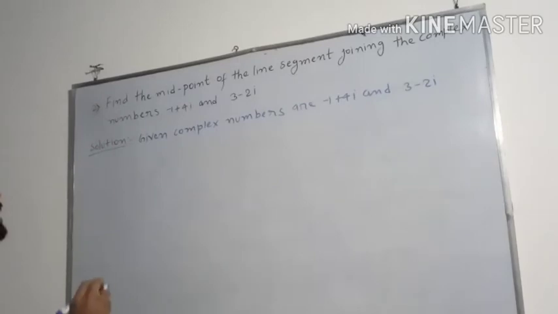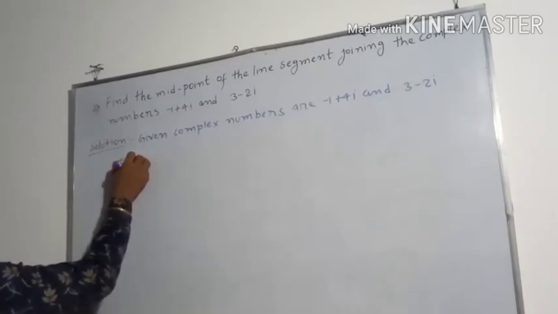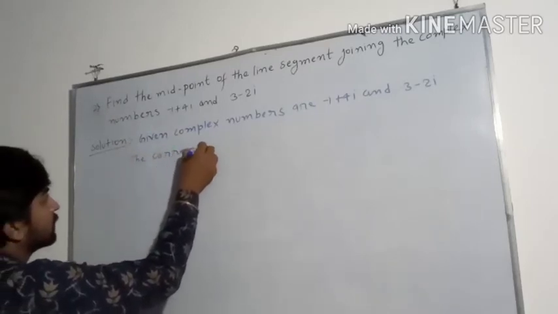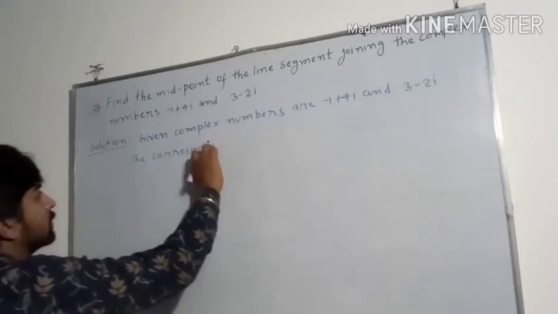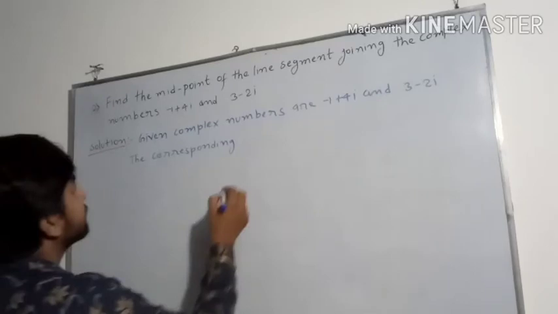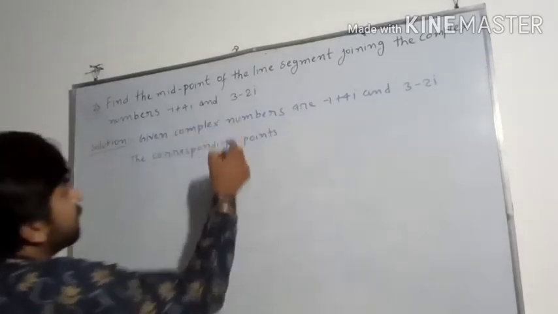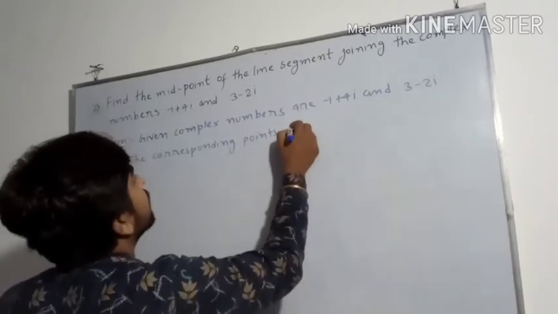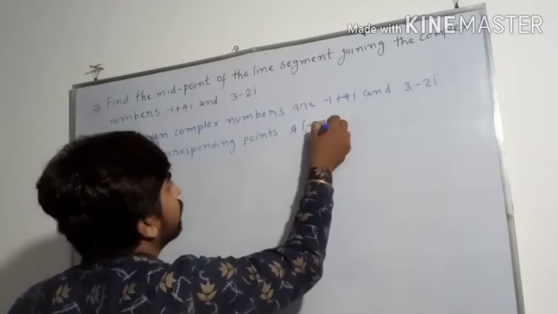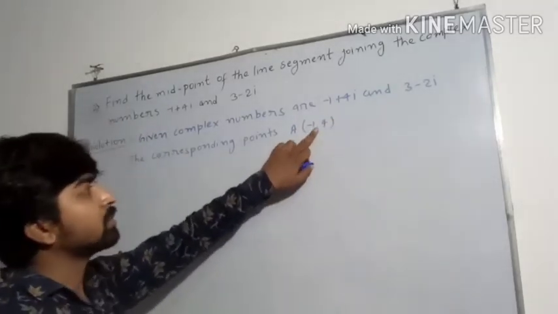The corresponding points to the given complex numbers are, let A is (-1, 4).